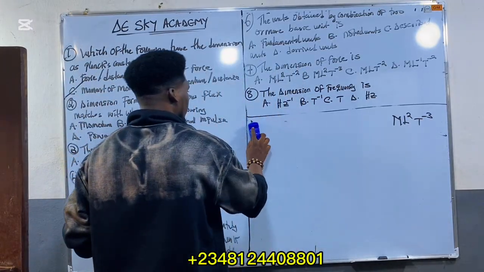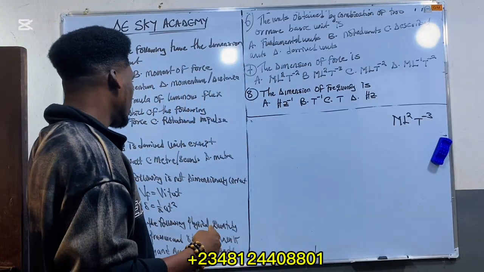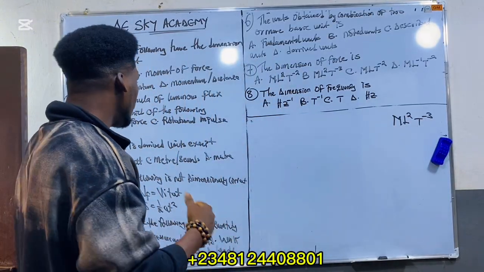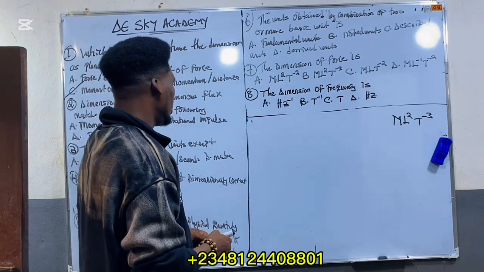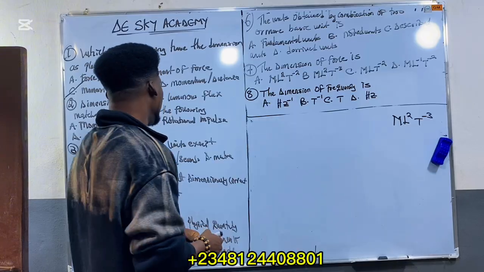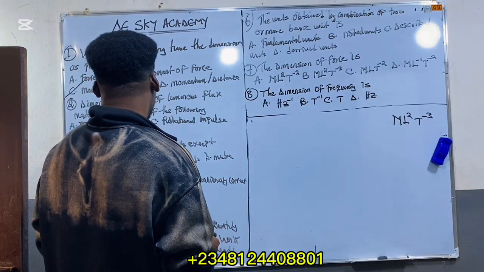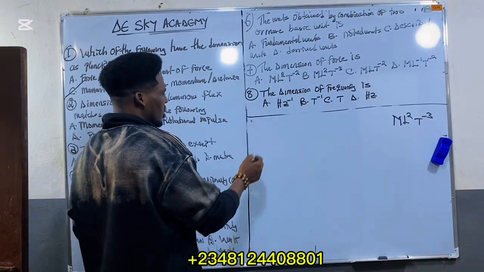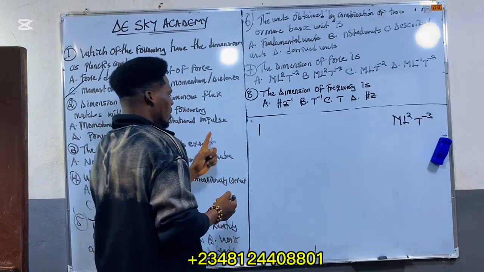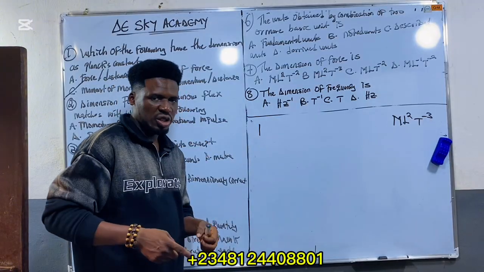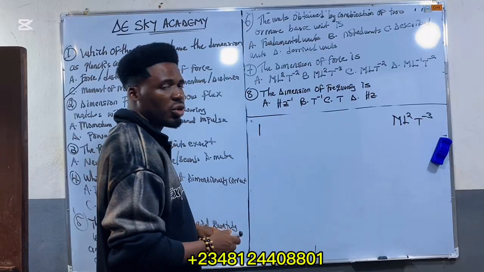Option C is rotational impulse. What is impulse? Impulse is force times time. If we're talking about rotational, the force that causes rotation is called torque.